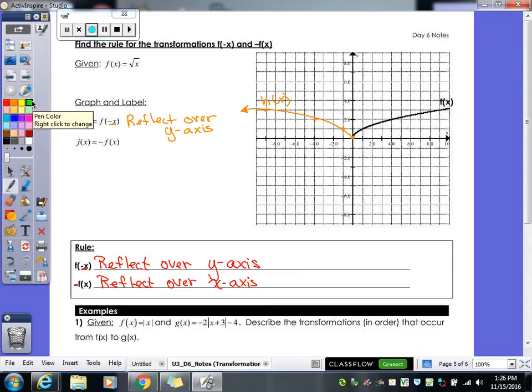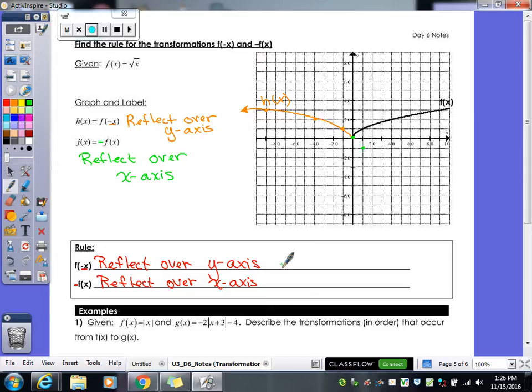So when our negative is out in front, this one is a reflect over the x-axis. So again, when I go to graph that, I still have the point 0, 0. That doesn't change. But the point 1, 1 would become 1, negative 1.